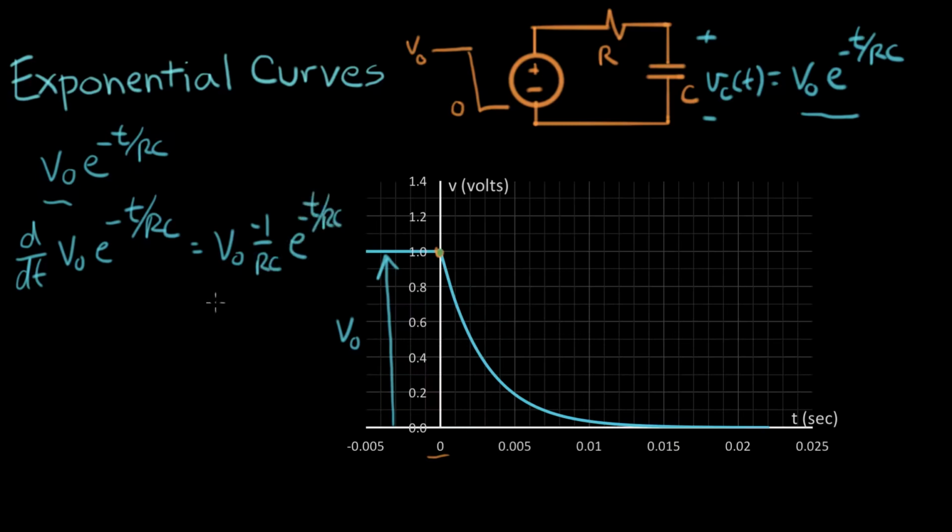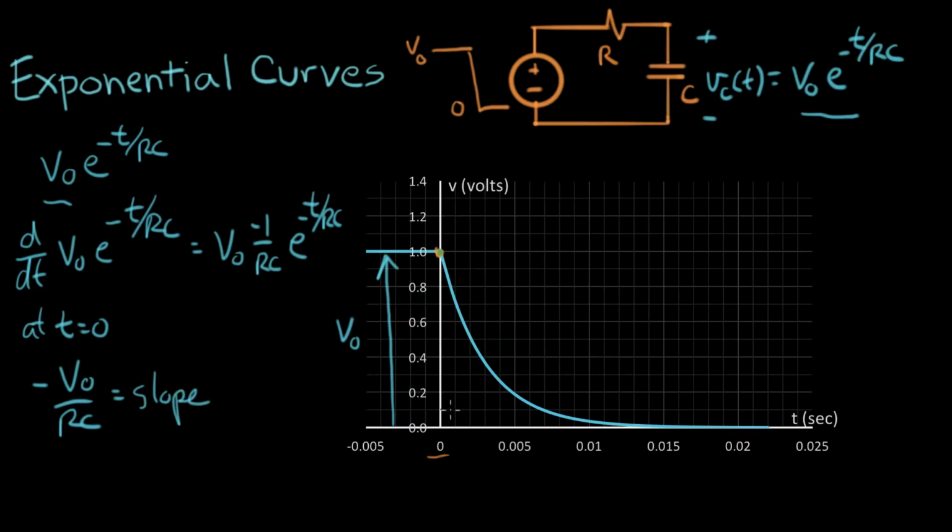And that's the derivative of this exponential for all time. Now we evaluate it at t equals 0, and we get minus V naught over RC times e to the 0, and e to the 0 is 1, so that equals the slope at time equals 0.